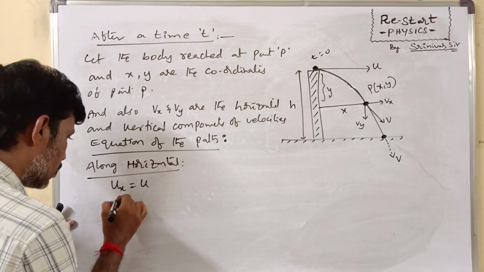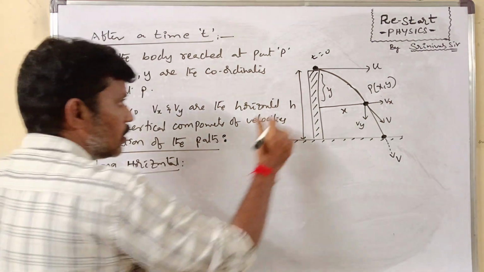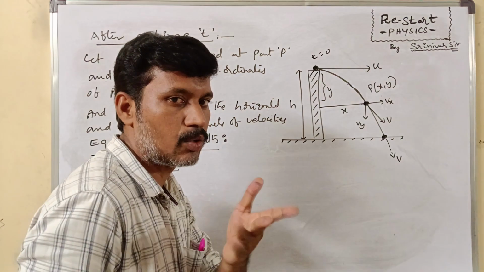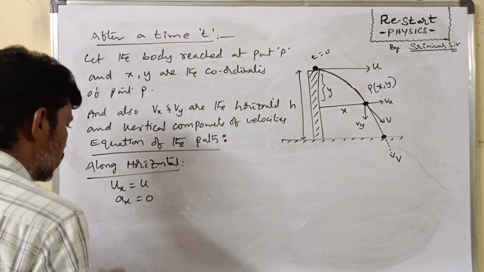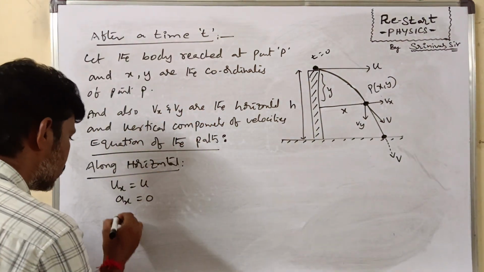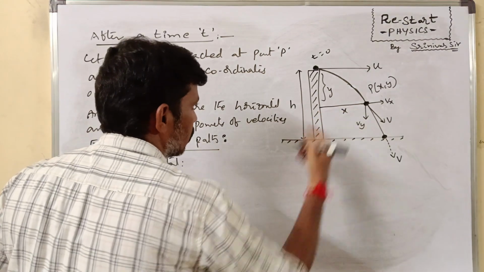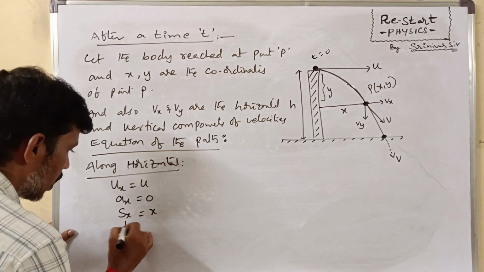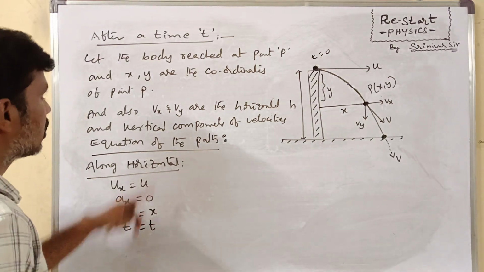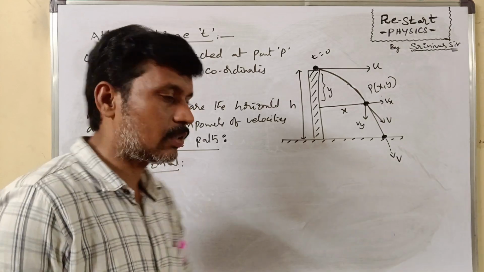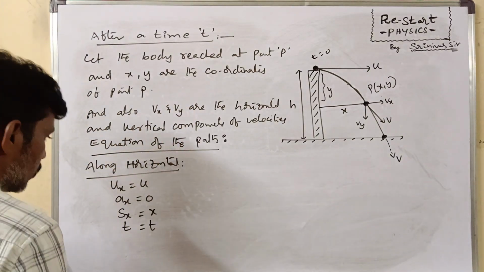Next, ax equal to 0. Along horizontal direction, no acceleration acts. And sx is equal to x only. Time t is equal to t, because after a time t we can calculate.